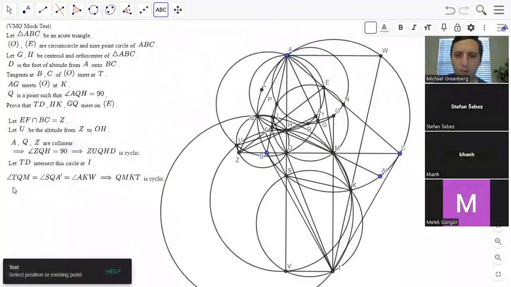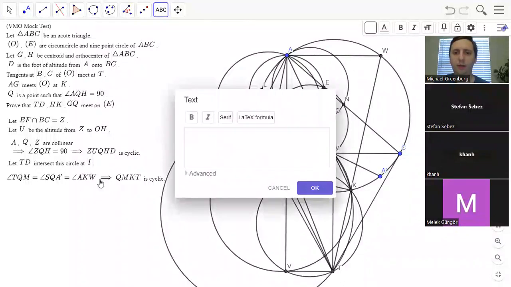So consider an inversion about H with radius HA times HD.